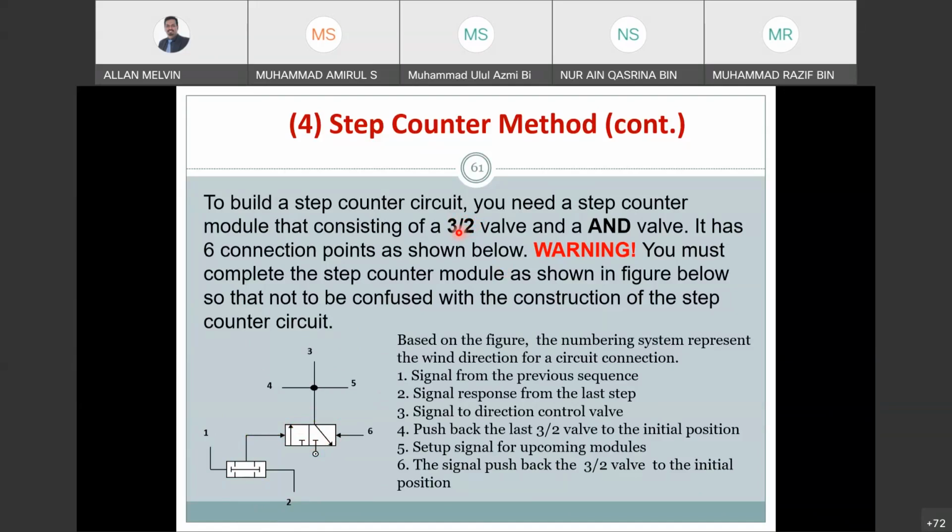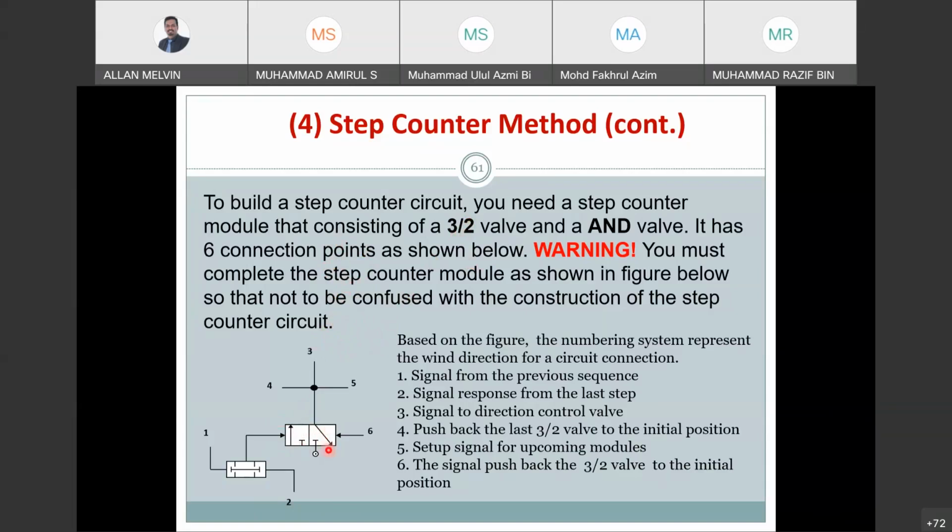So what is the function of the 5/2 valve? Who knows? If you are familiar with pneumatic design, you understand the concept. When will we use a 5/2 valve? Anyone? Double acting cylinder, correct. So you connect the 5/2 valve before your double acting cylinder.